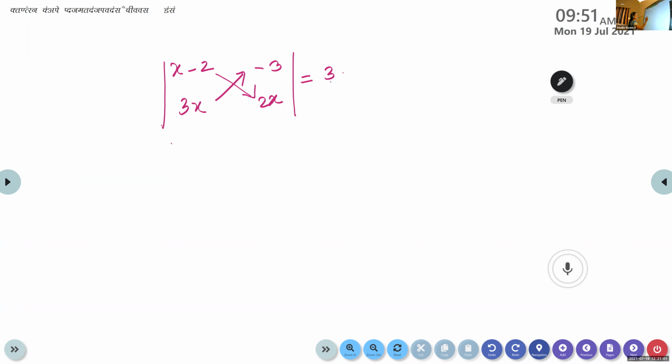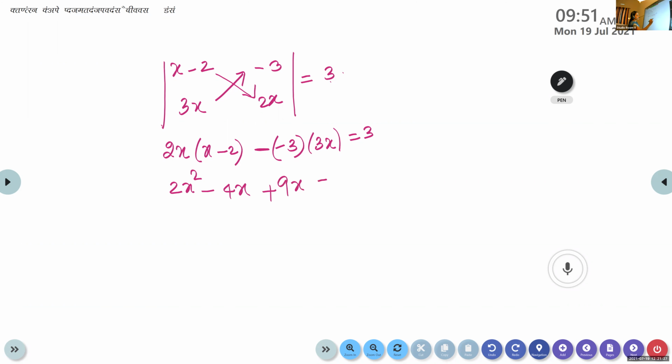So you expand it. 2x into x minus 2, minus, the negative sign we get when we expand, into minus 3 into 3x equals 3. So we get 2x square minus 4x, negative into negative, positive 9x equals 3. So 2x square plus 5x minus 3 is 0.